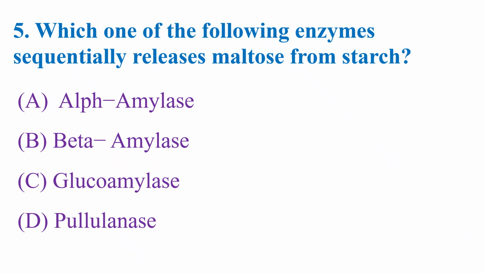Question 5. Which of the following enzymes sequentially releases maltose from starch? Alpha amylase, beta amylase, glucoamylase or pullulanase.